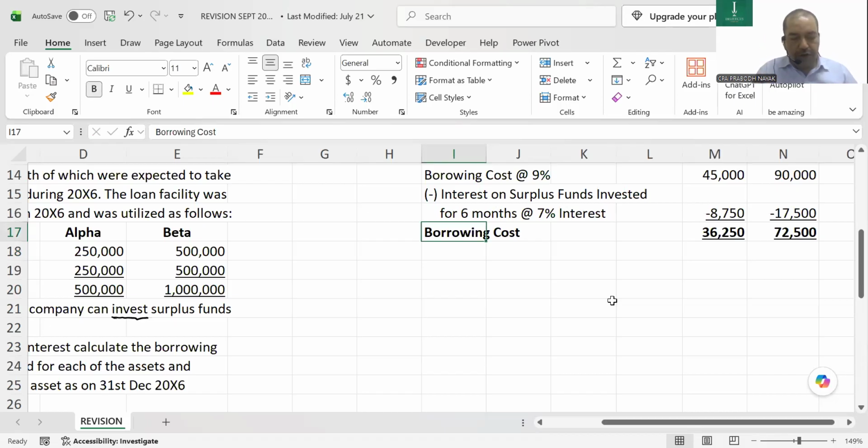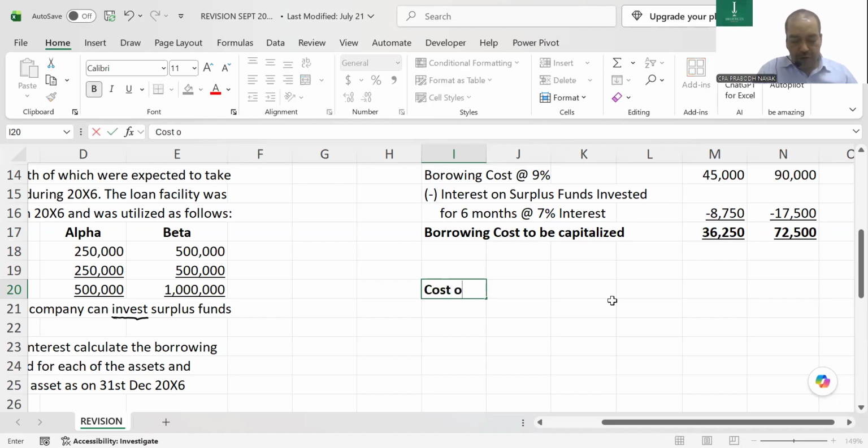Now what I'll do here is I'll write here borrowing cost to be capitalized. Okay. So what is the cost of the asset?